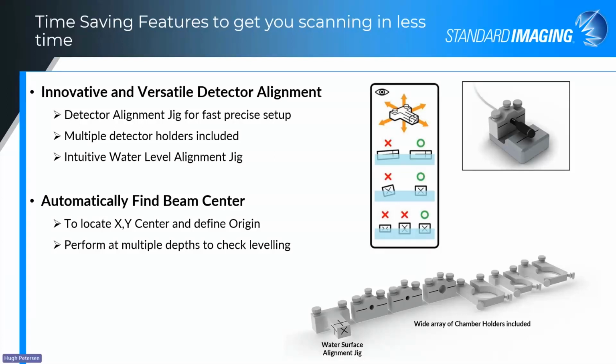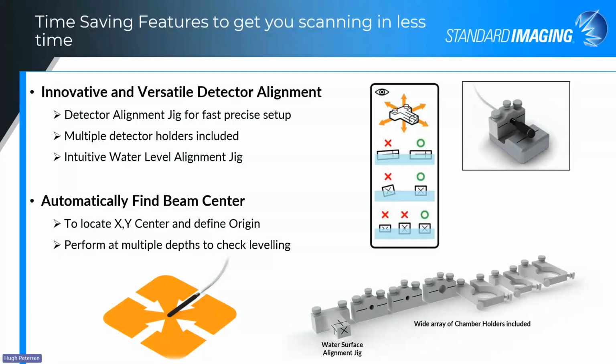Another nice feature with the software is we have an automatic find the beam center, and basically you can set multiple depths for that if you want to do it at surface, and then maybe down at 10 or 20 cm deep, just to check any offsets of your beam. The software will automatically give you the opportunity to redefine your center or your origin if it's off a little bit.